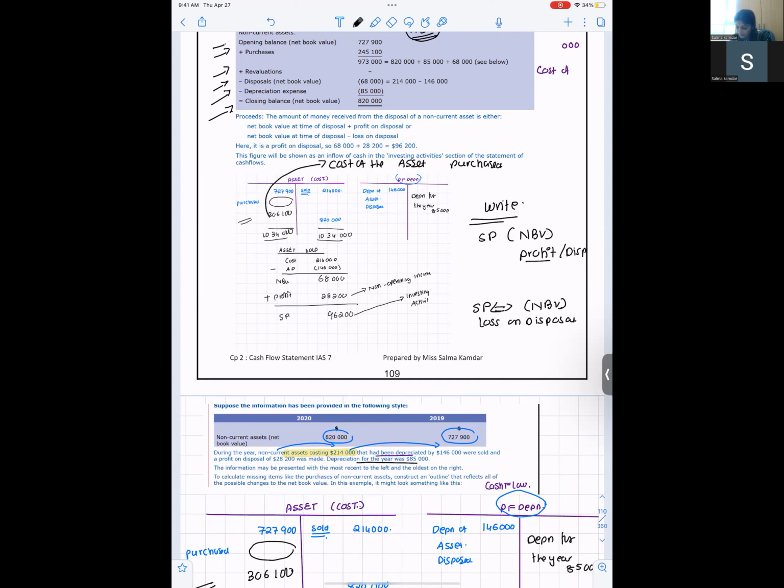If I have a profit on disposal, I will do net book value plus profit. This will give me the selling price. If I have a loss on disposal, I will do net book value minus loss. This will give me the selling price again.